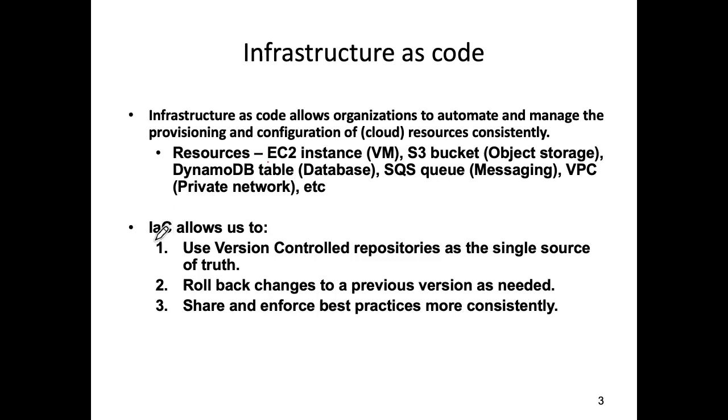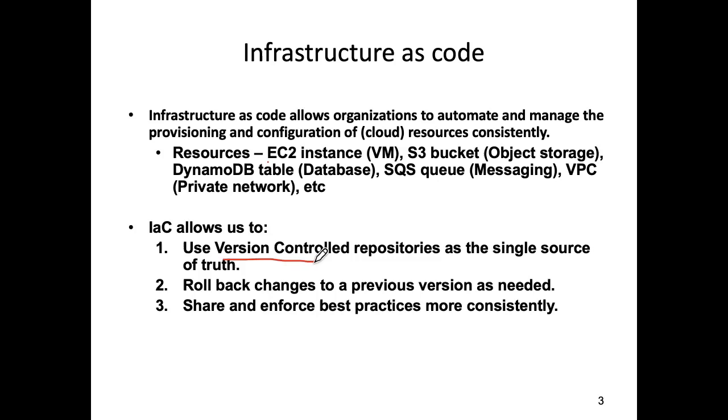And because we're implementing it as code, we get the benefit of version control over that code, and we know the many benefits of using a version control tool on code. We can roll it back, see what changes have been made, who made the changes, etc.